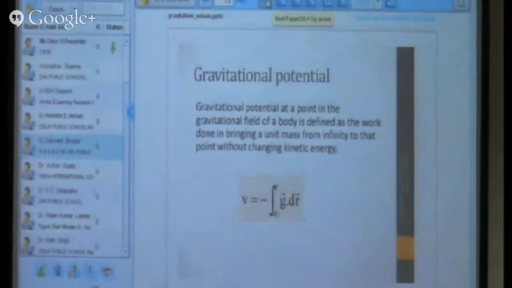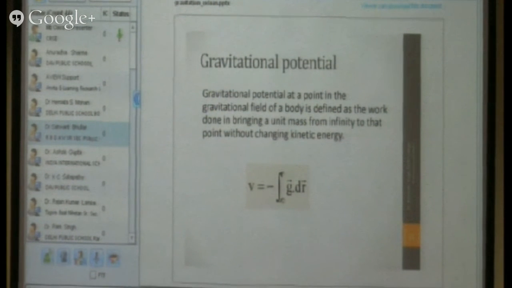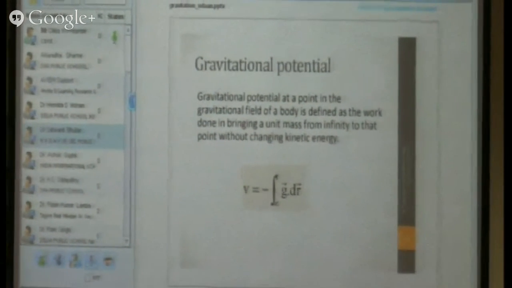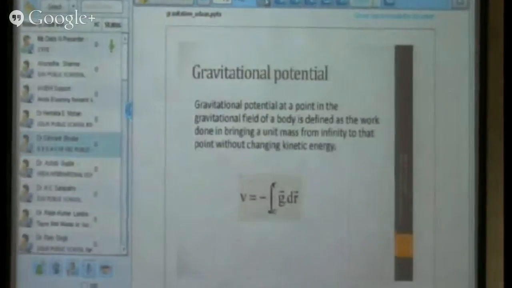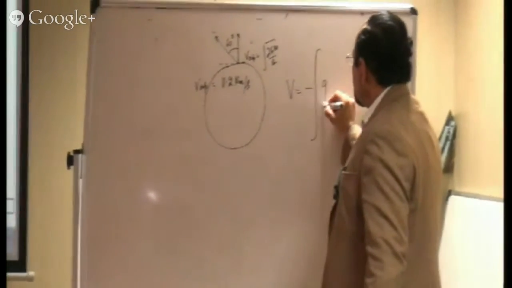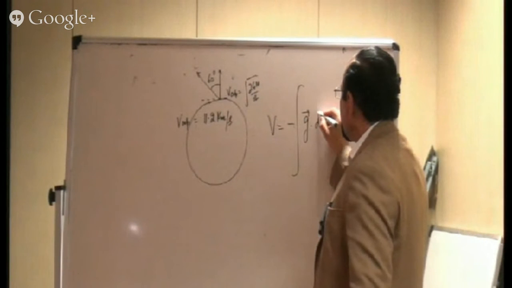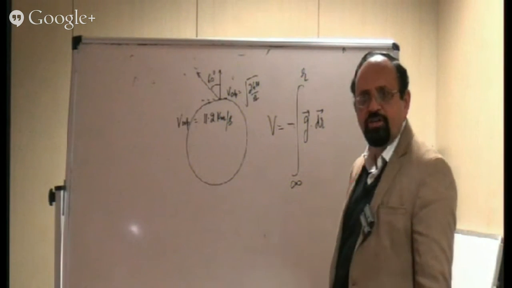Here I'm giving you a lot of formulas, right? Potential. The way we have a unitary method for force in terms of the field, we have a similar aspect for potential energy, and we call this the gravitational potential. If you look carefully, this is also work done from infinity to r, but with a small difference.